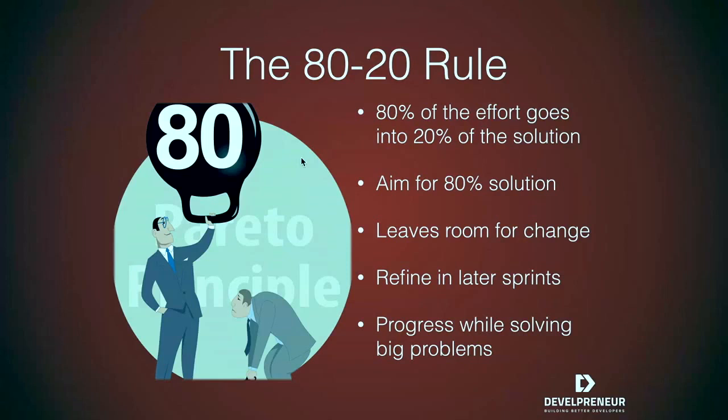So what you get out of these sprints is, instead of trying to solve the whole thing and really master it, we accept the fact that there are going to be some changes and there may be some things that we don't exactly know. So rather than try to get it 100% right, we're going to get mostly there, or as close as we can get, and make the best use of our time.